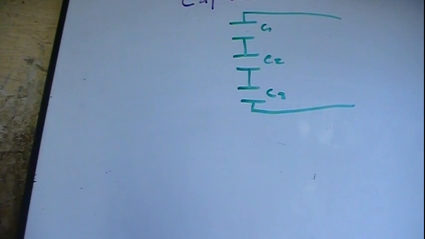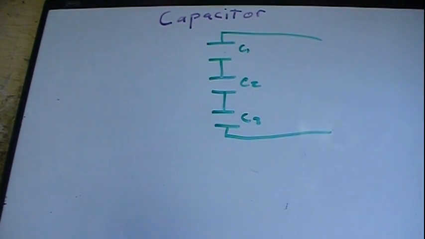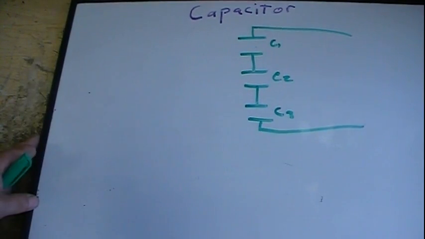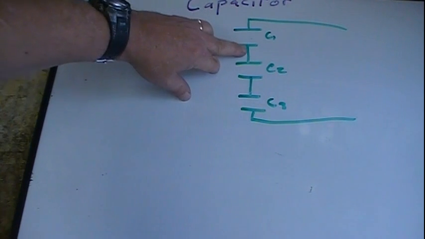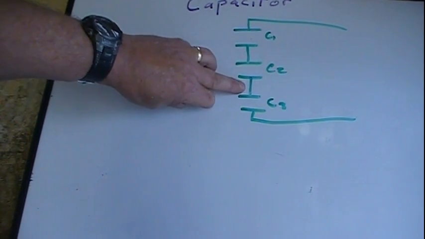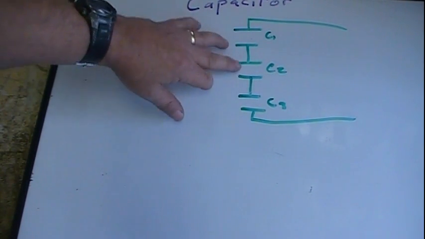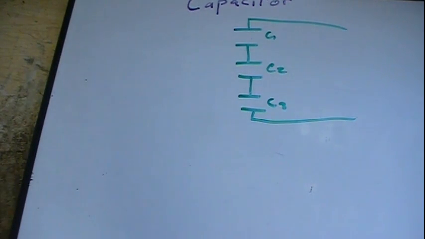Now, why does this happen? Well, we'll go down here and we'll show why. These two plates here and these two plates of these capacitors are effectively connected together.